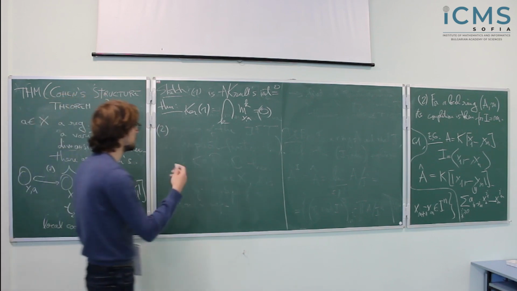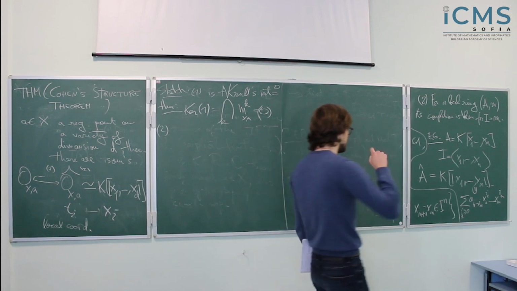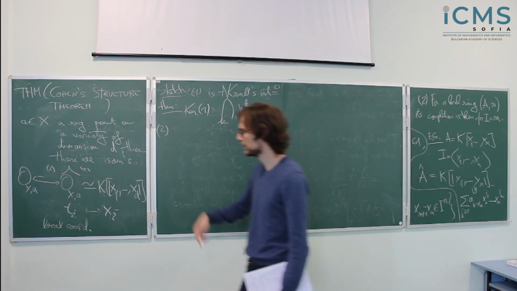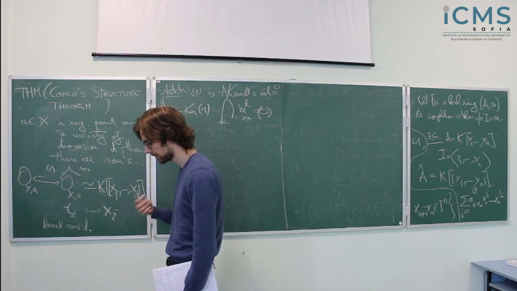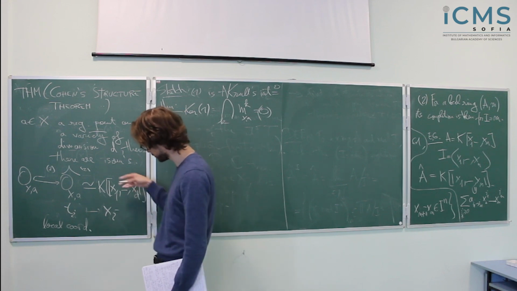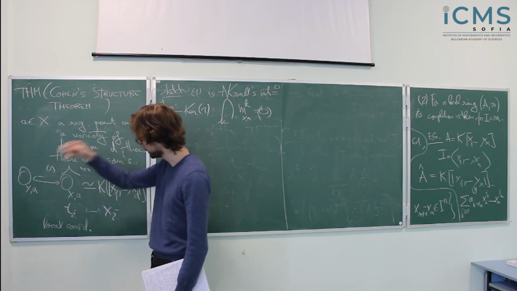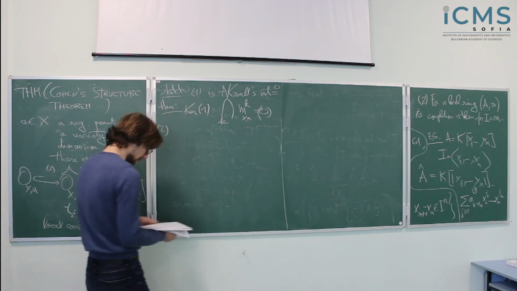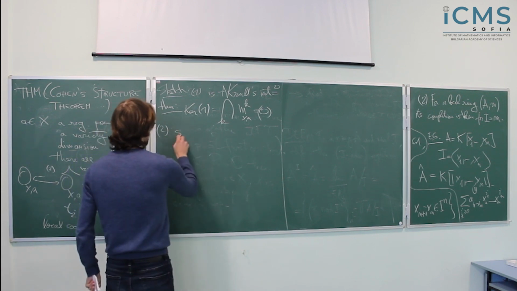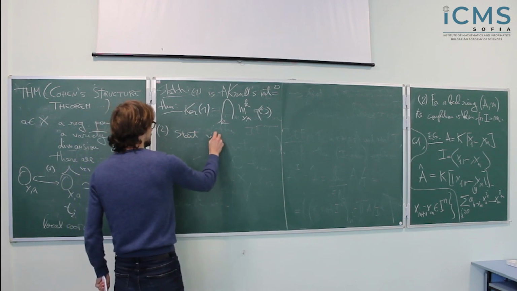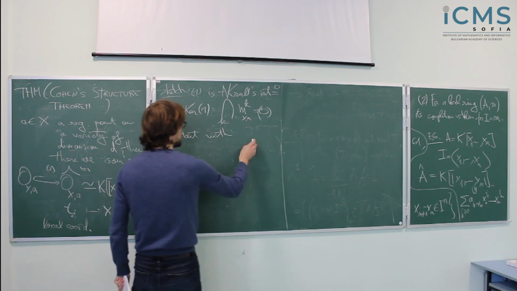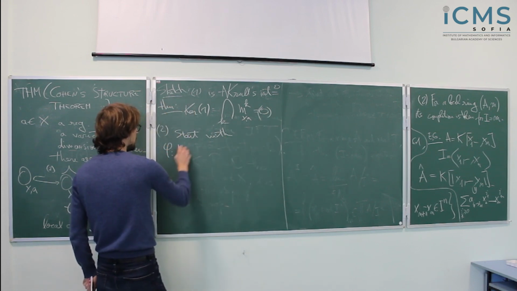The second idea: we first show that there's a surjective morphism from the right to the left. So we start with phi.